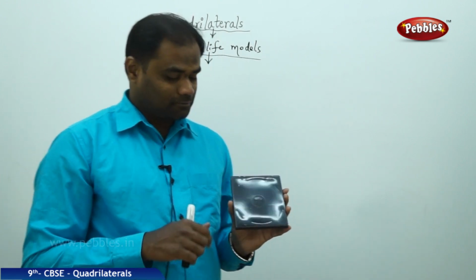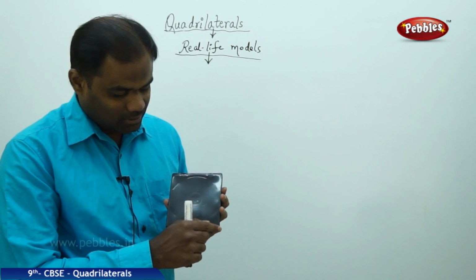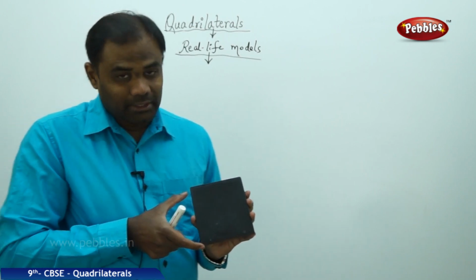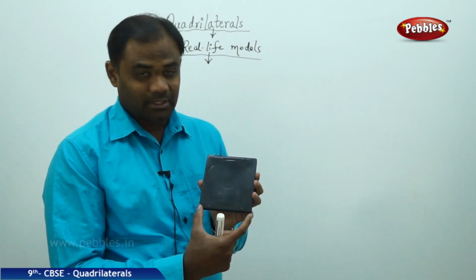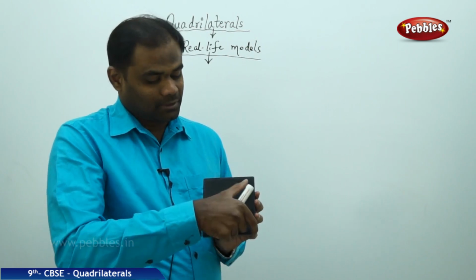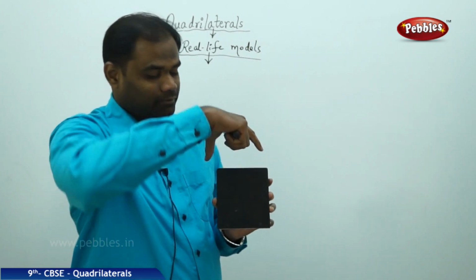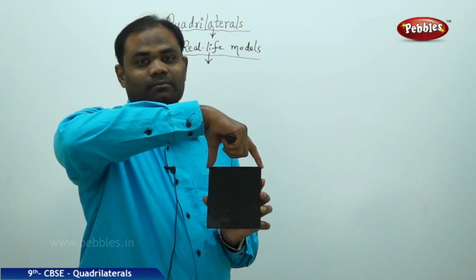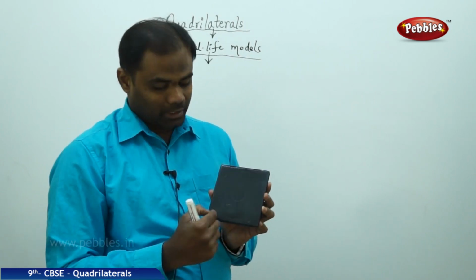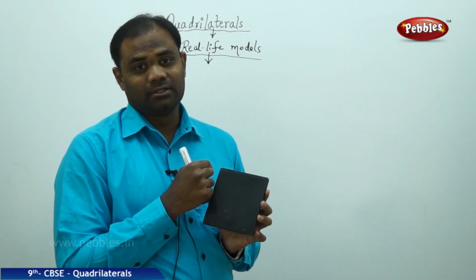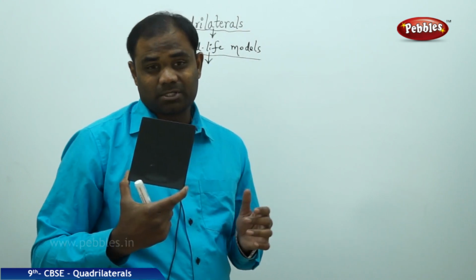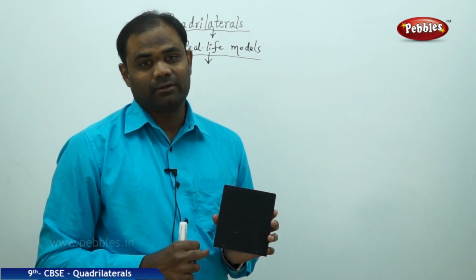Also I observe that each of the sides of the quadrilateral are equal. The length of the side here is the same as the length of the side here, which is the same as that here and the same as that here. So all the sides are equal and each angle is 90. So I need to give some special name for this quadrilateral.